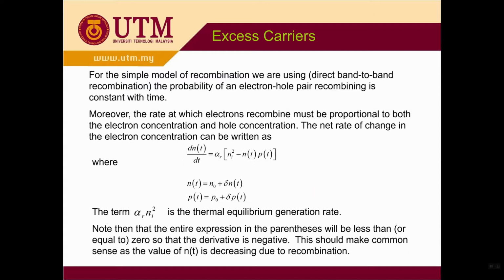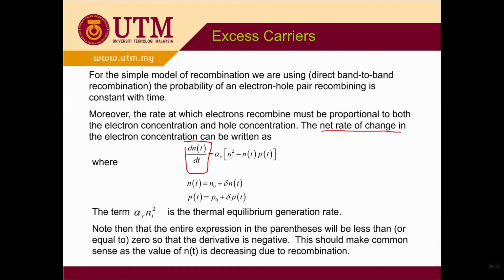Next, we'll look at the simple model of recombination. Here, it is stated that the probability of an electron and hole recombining is constant with time. In this equation, dn/dt is the net rate of change in electron concentration.